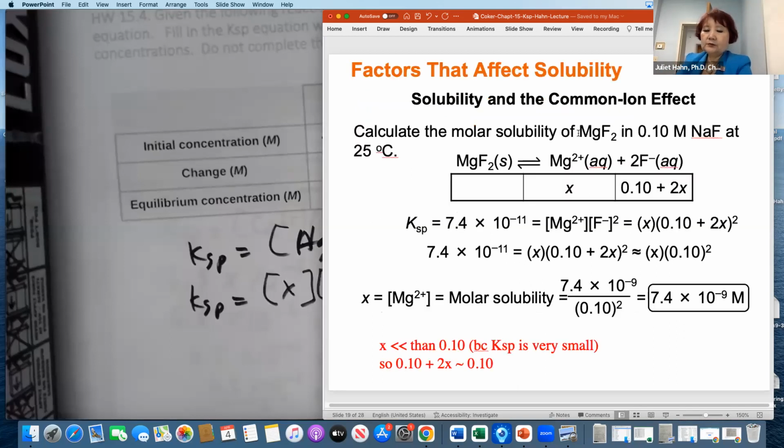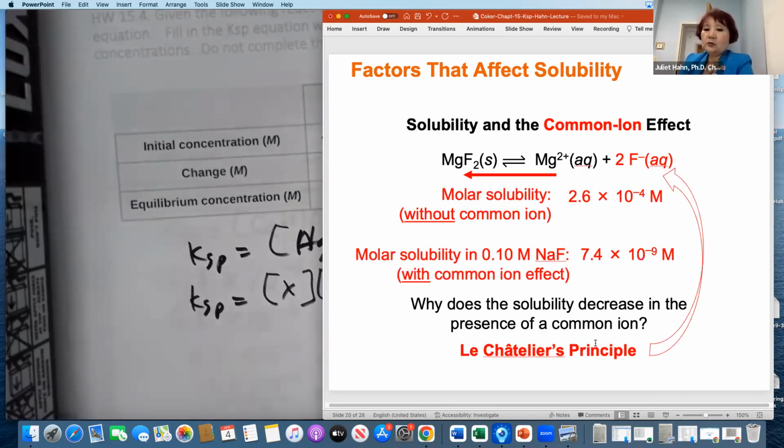So these are the factors that affect solubility, starting with the common ion effect. We already did the calculation on this. This is where you're given the concentration of one of the ions involved in the solubility, and it will affect the solubility. We already did this problem, and what we're doing is looking at Le Chatelier's principle.